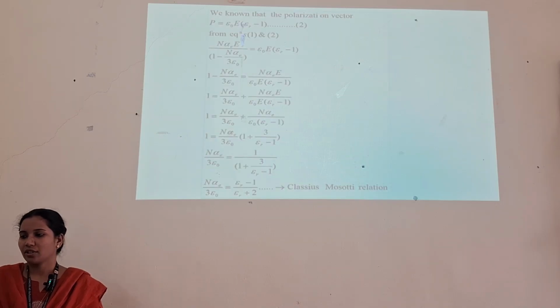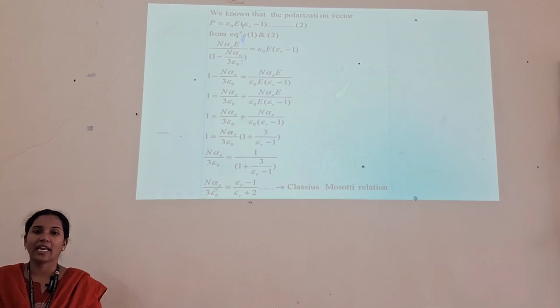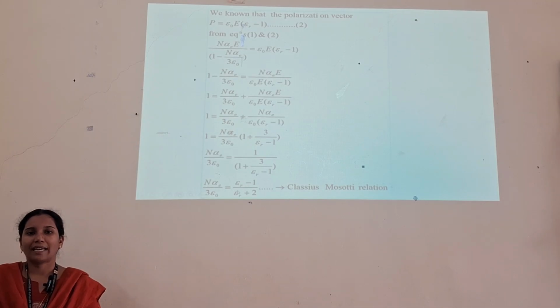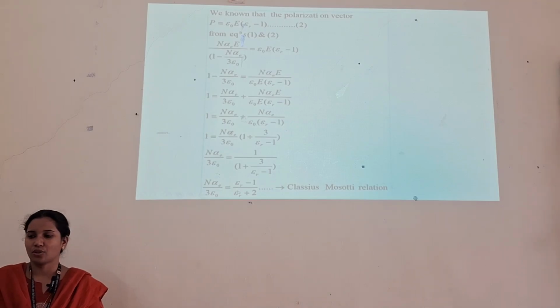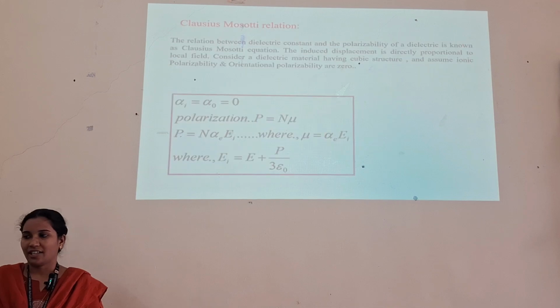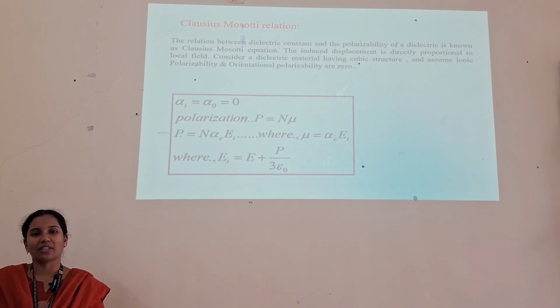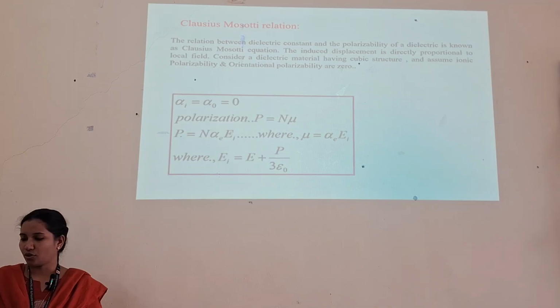After doing all the derivation, we will get the Clausius-Mossotti relation: N alpha E by 3 epsilon naught equals epsilon r minus 1 by epsilon r plus 2, which is the Clausius-Mossotti equation. The relation between dielectric constant and the polarizability of the dielectric material is nothing but the Clausius-Mossotti equation.